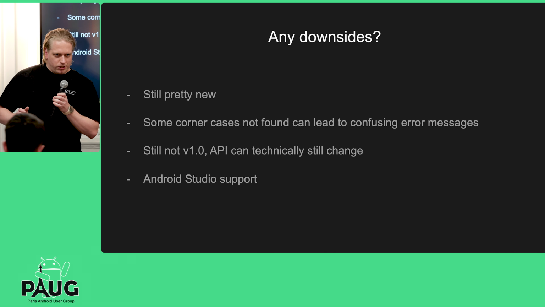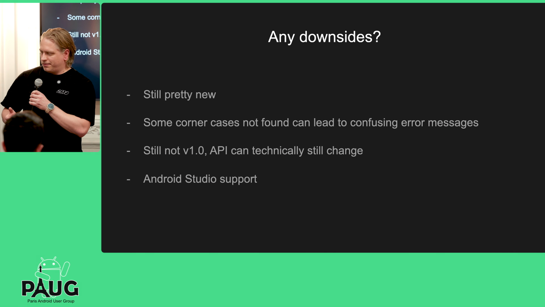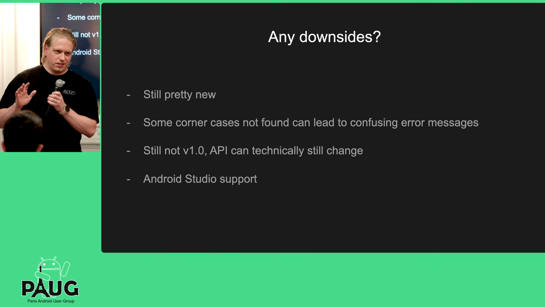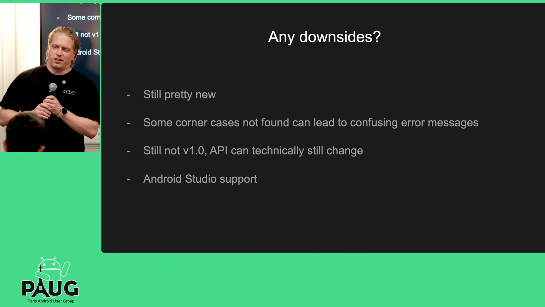I said many good things about Metro. Are there any bad things? It's still a pretty new library. It's a little over a year old. It's still not V1, so there are still some baby issues. We're still running into some error messages that don't really make sense, but they are definitely becoming fewer and fewer.